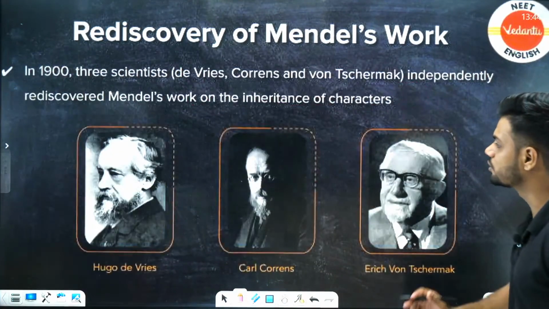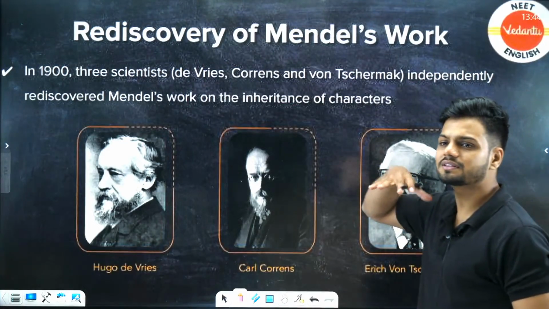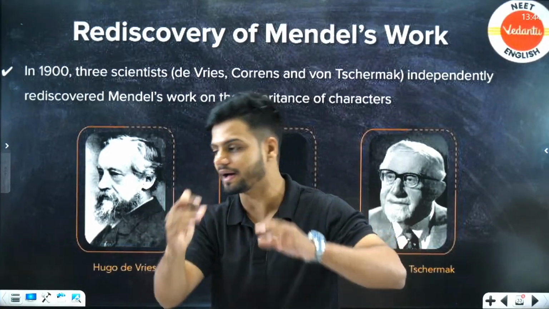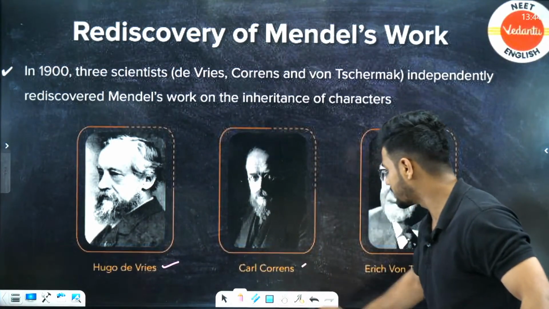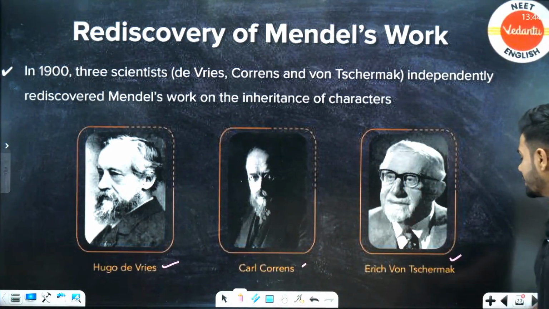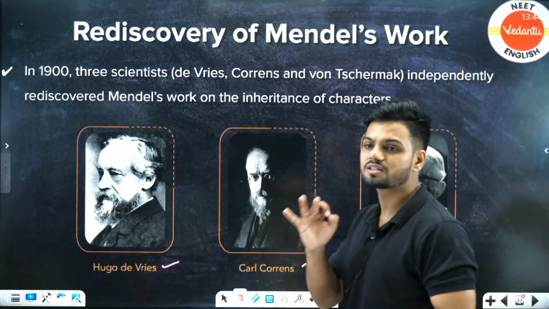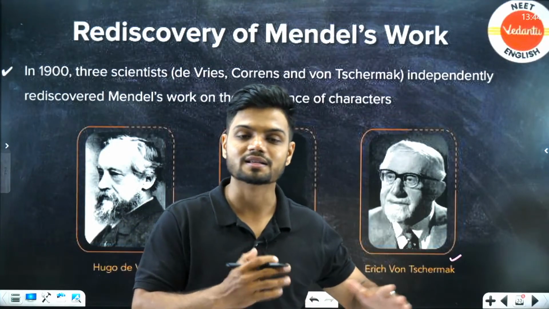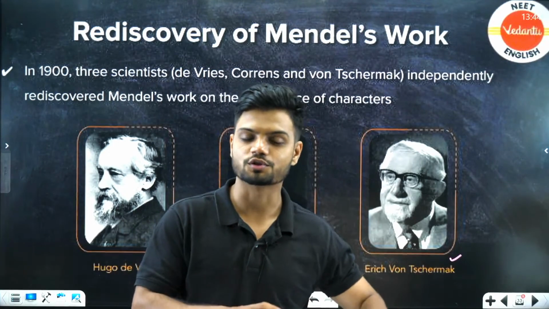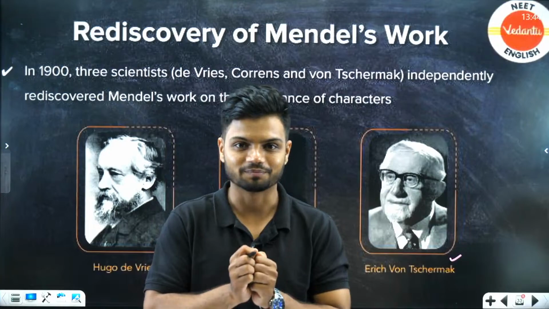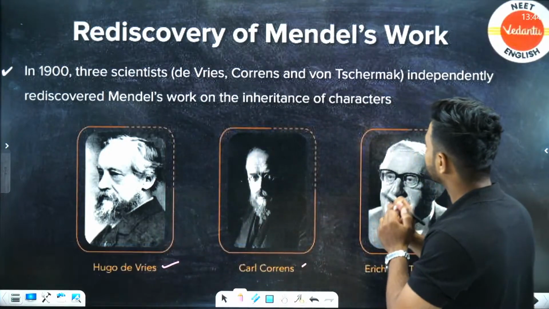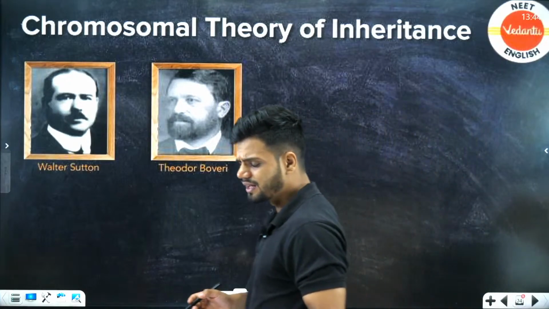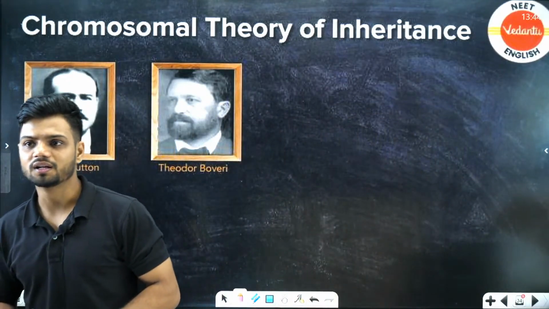So his work was not recognized, until three different scientists recognized it: Hugo de Vries, Carl Correns and Erich von Tschermak. Once Mendel was gone, his work was recognized again.